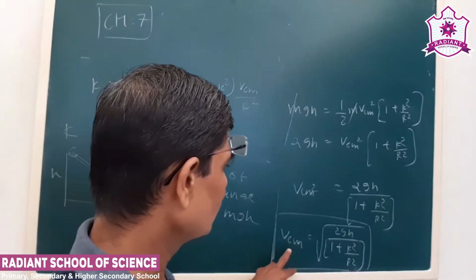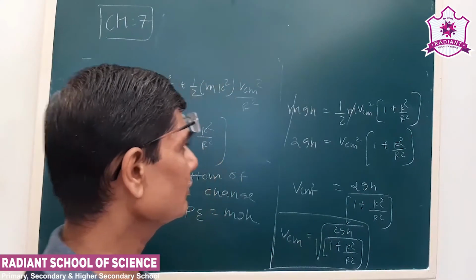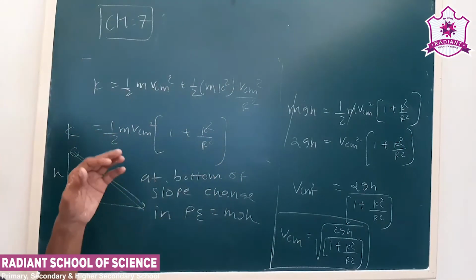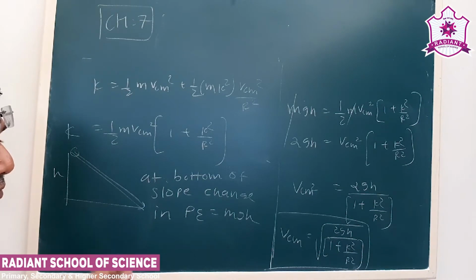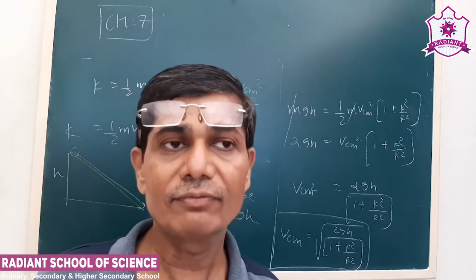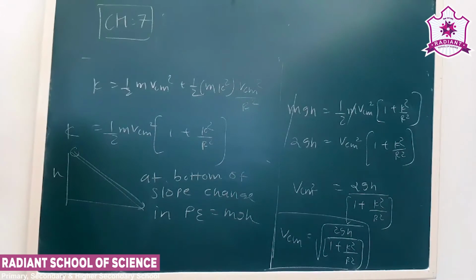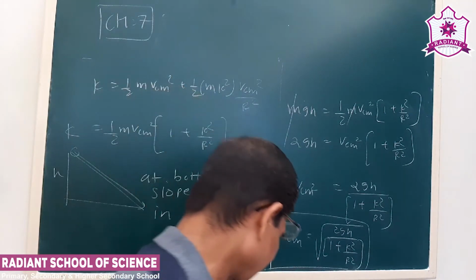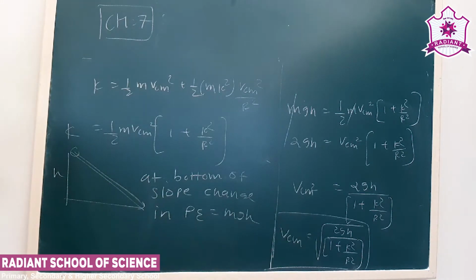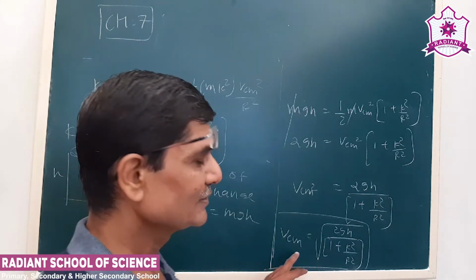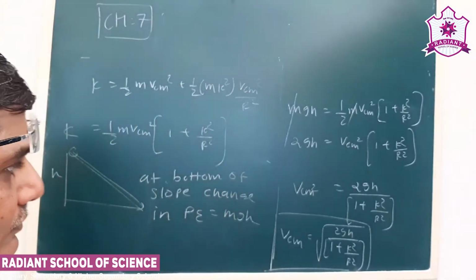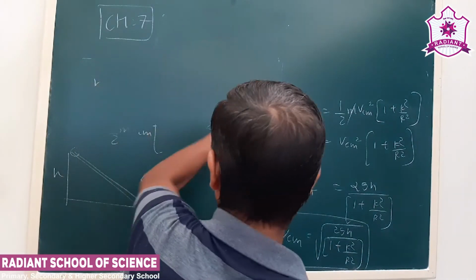This is about the velocity of the body. For different objects, the radius of gyration k is different, so by using this formula we can obtain the velocity of the different objects. Now let us see one by one.